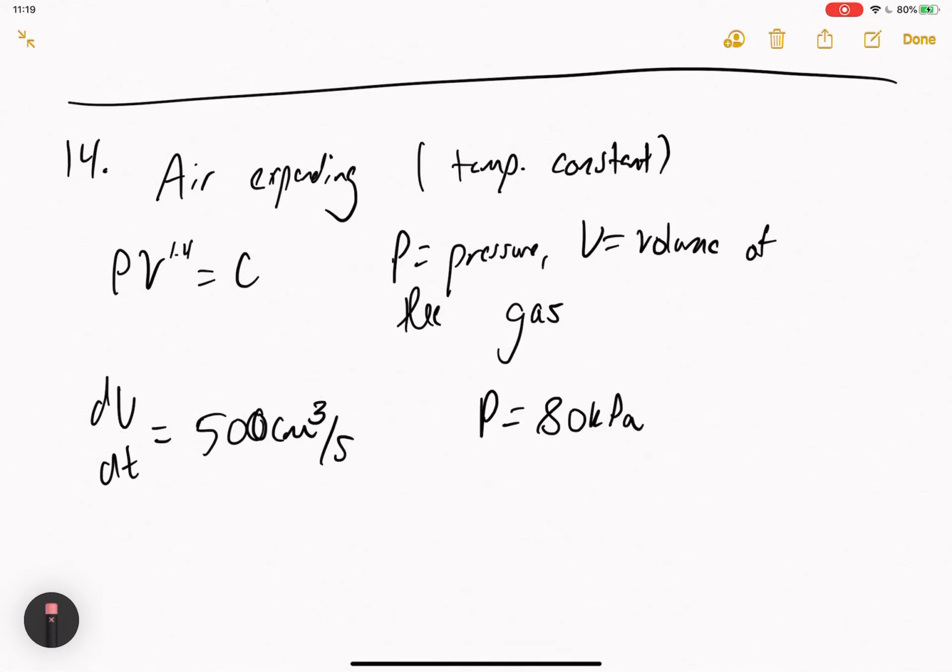Oh wait, no, I'm dumb. It's not that dV/dt is equal to that. It's that the volume is equal to 500 centimeters cubed. So basically it's saying, suppose that at a certain instant the volume is 500 centimeters cubed, the pressure is 80 kilopascals, and is decreasing at a rate of dP/dt equals negative 10 kilopascals per minute.